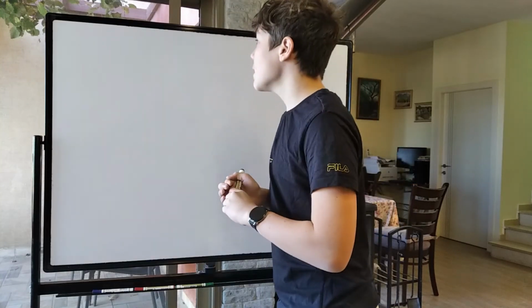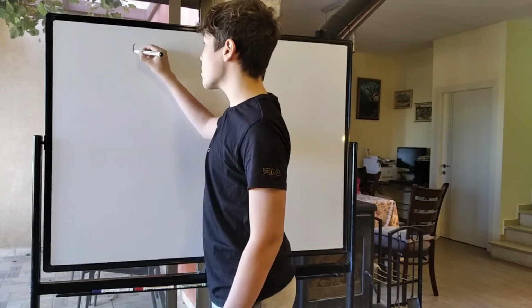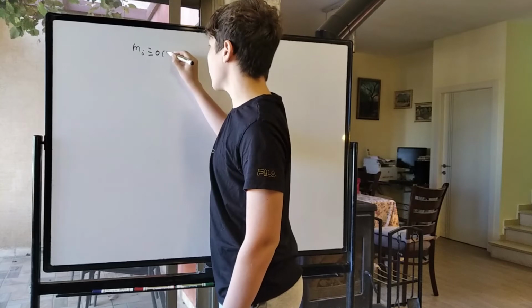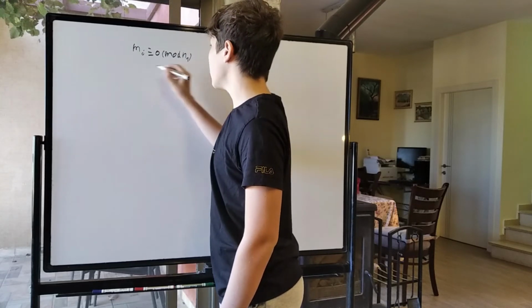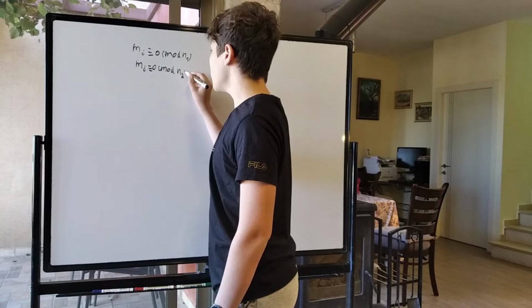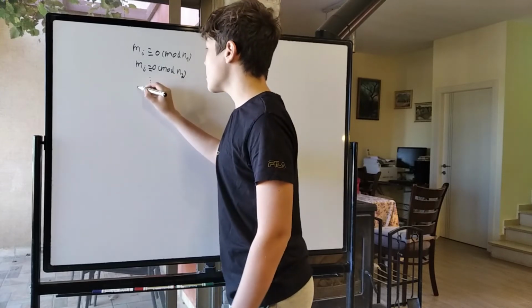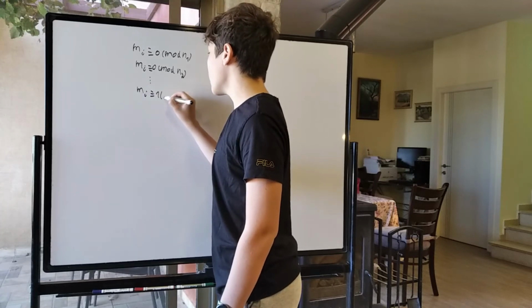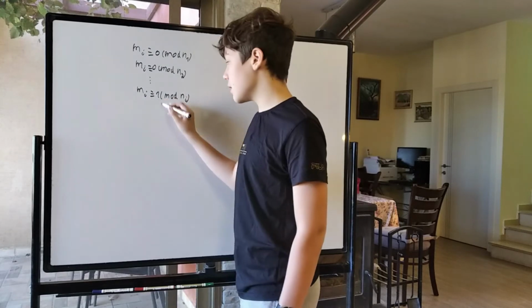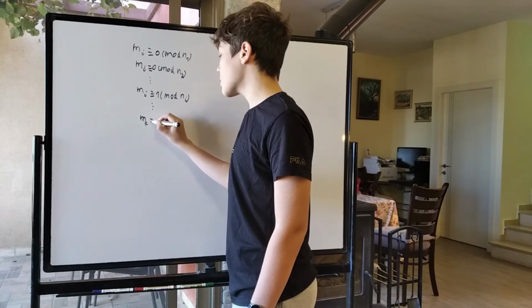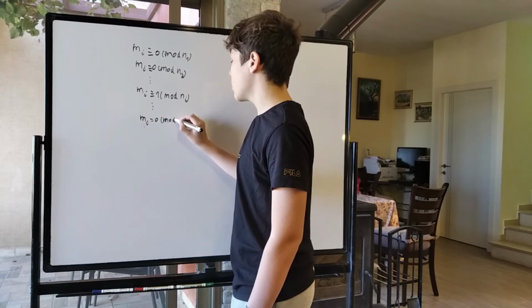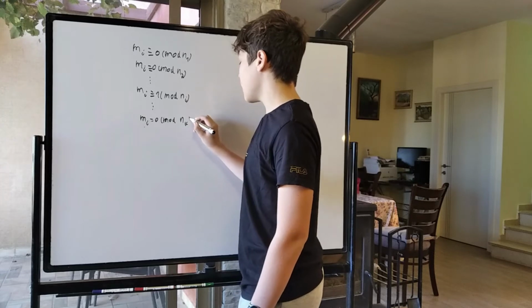Instead, what we're going to do is look at numbers mi that satisfy that they're congruent to 0 mod N1, mi is congruent to 0 mod N2, so on and so forth, until mi is congruent to 1 mod ni, and then again it continues to be 0 until mi is congruent to 0 mod nk.